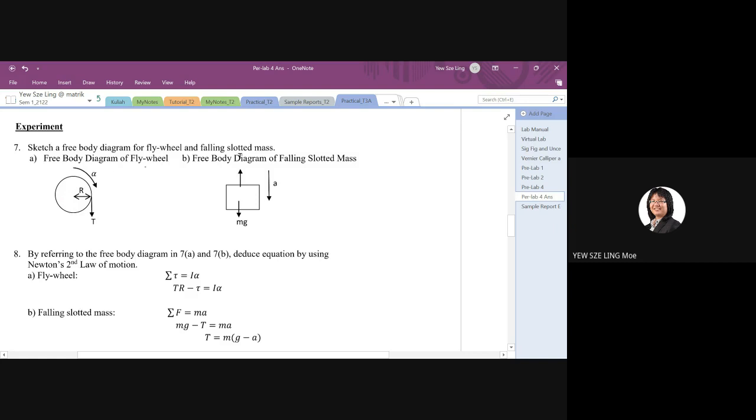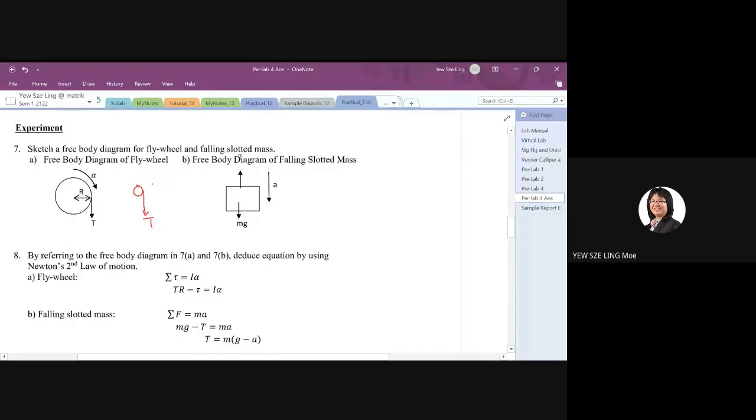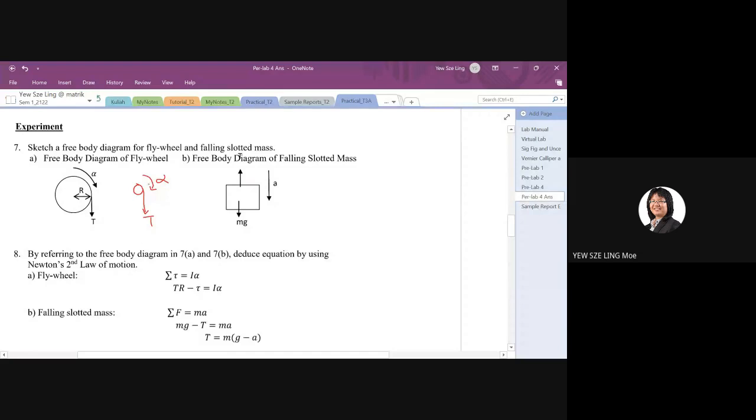So for the free body diagram of a flywheel, you need to draw a circle first, and then the force is a tension. You have to label the directions of angular acceleration. Angular acceleration is the rotation, so this is the direction. It rotates. Basically, that's it. It's very simple.